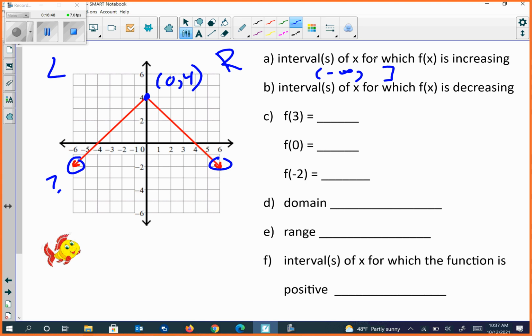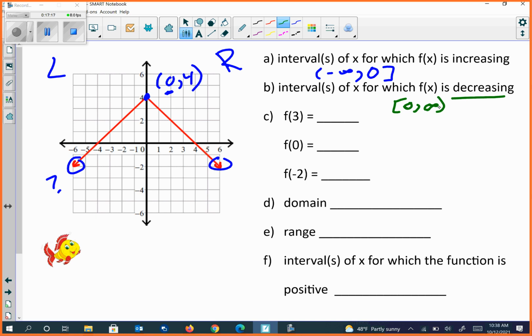Who caught my error? So sorry. I used my y value. So from negative infinity to 0, use the x value to say that. If that's the case, where is it decreasing? That means that as I go to the right, it goes down. So it's decreasing from 0 to infinity. That's going forever to the right.